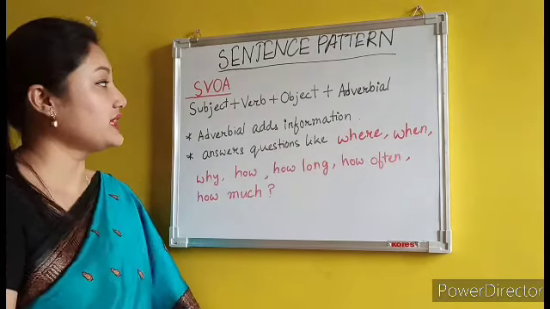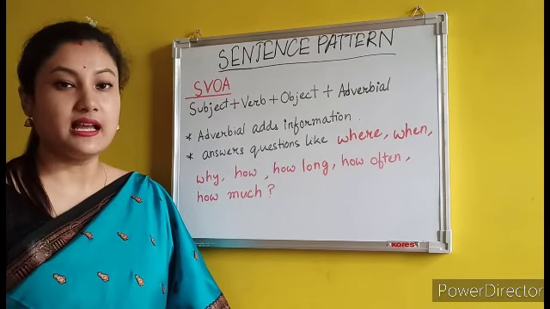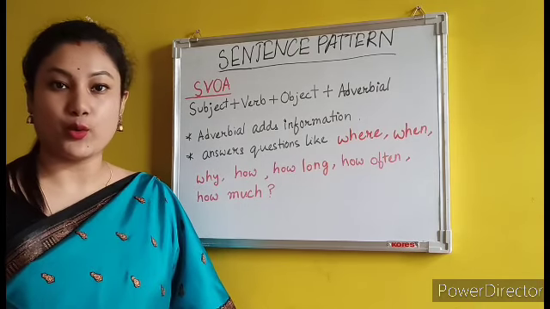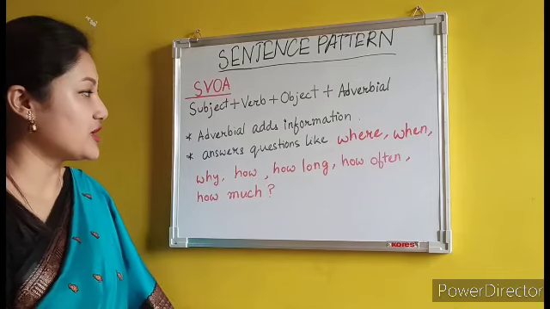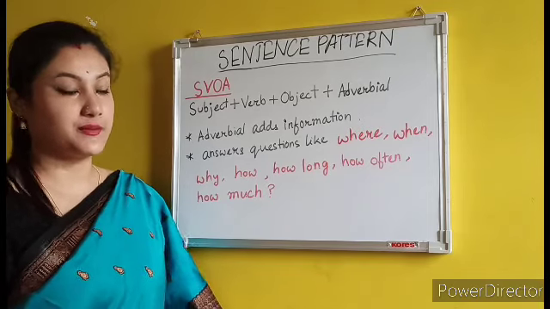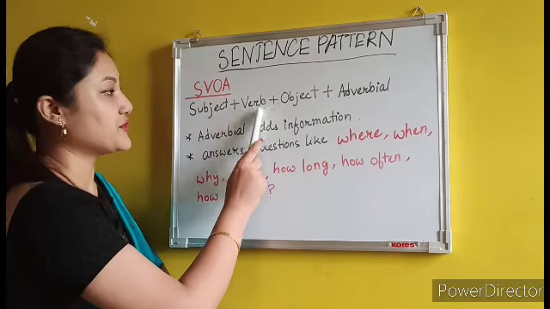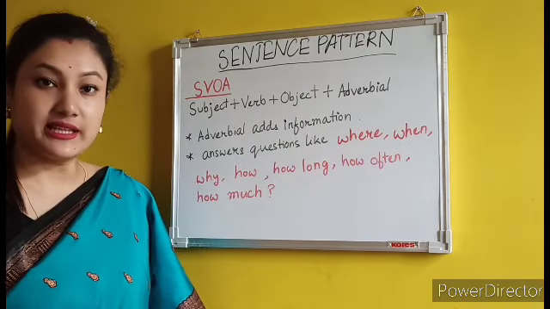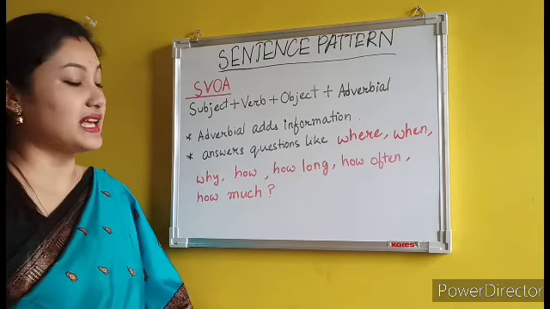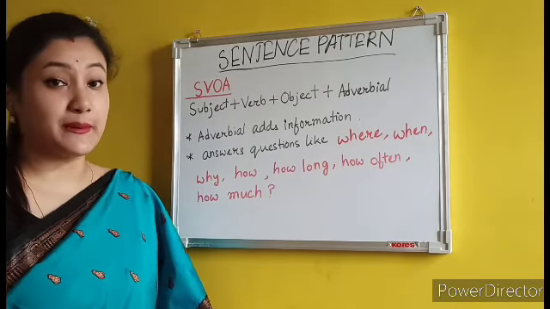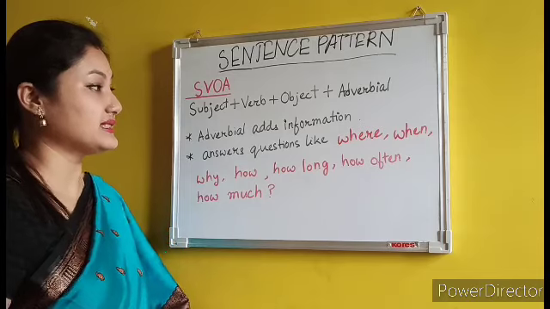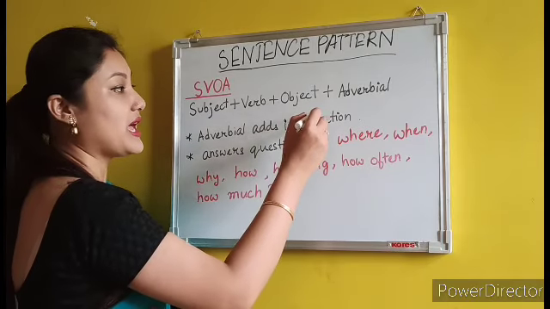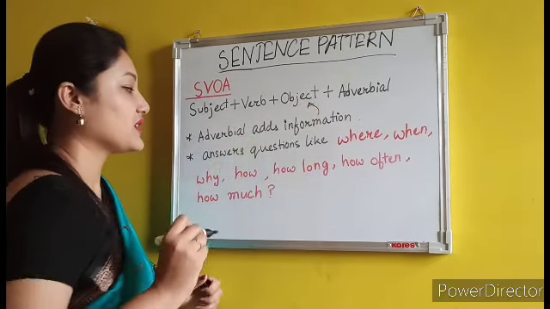Students, this one is the last sentence pattern, and that is SVOA: subject, verb, object plus adverbial. So what is the adverbial here? The adverbial adds information about the object.